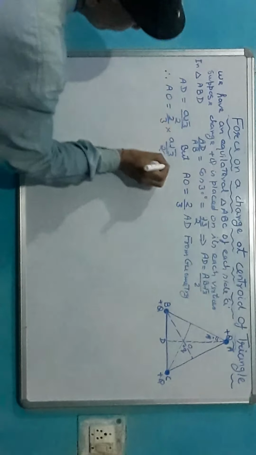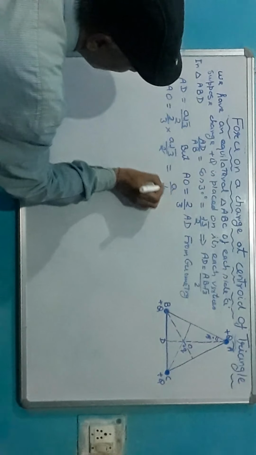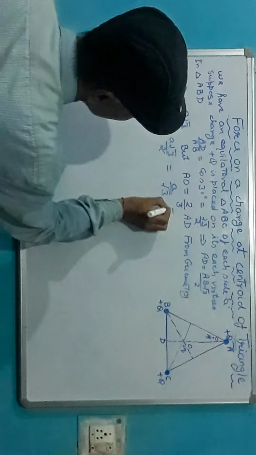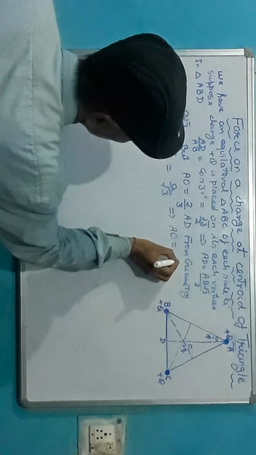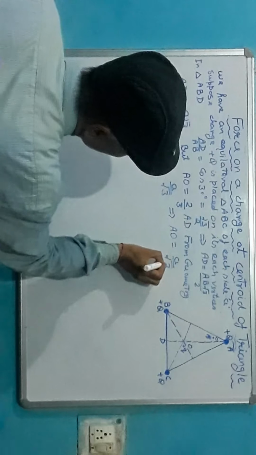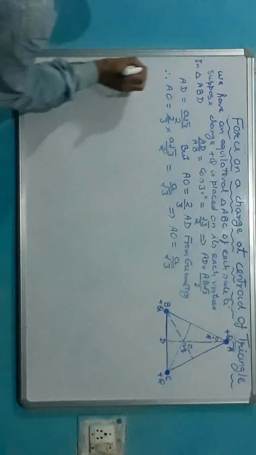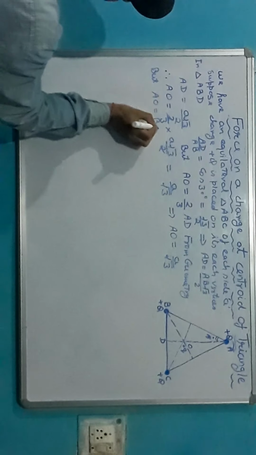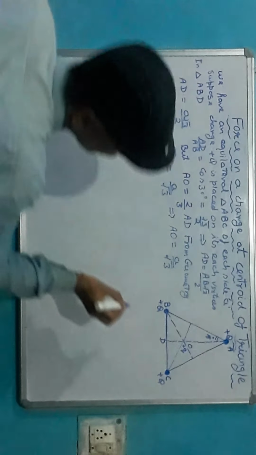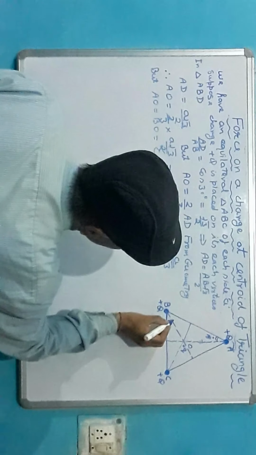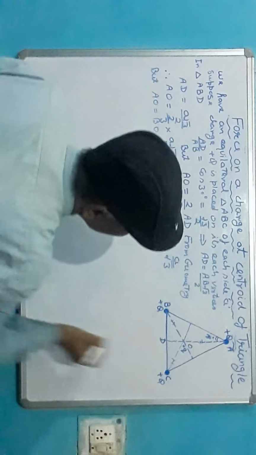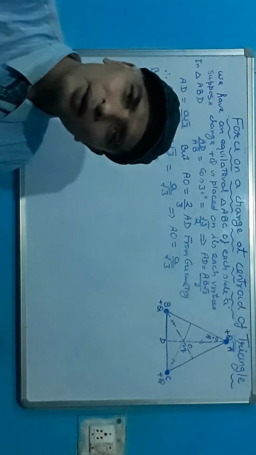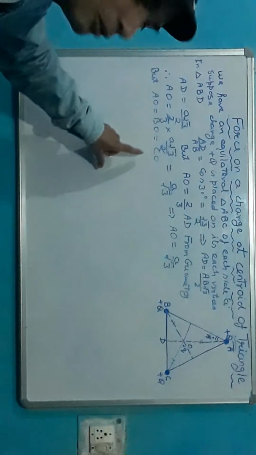The 2s get cancelled, and as a result I get a by root 3. So the distance AO is equal to a by root 3. But once again from geometry, AO is equal to BO is equal to CO. It means these sides should be equal to each other. That is an important property of an equilateral triangle.